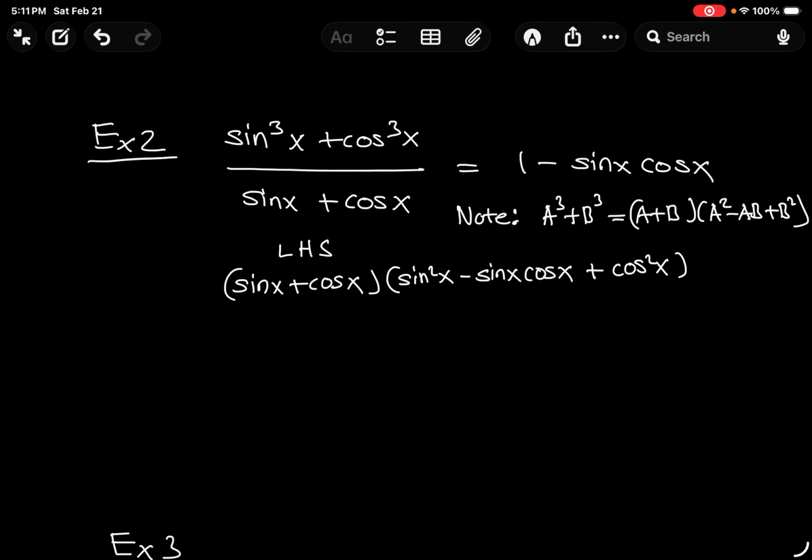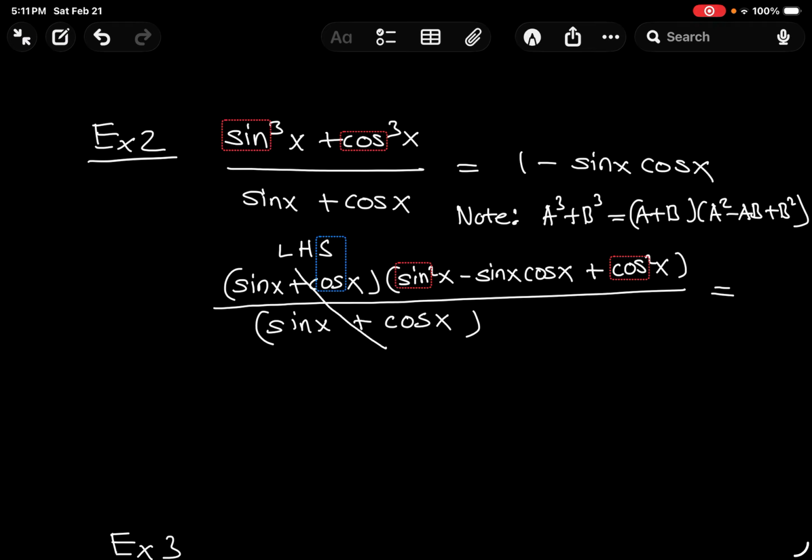So that's the sum of 2 cubes factored using sine cubed x plus cosine cubed x. And then right away after I factor my sum of 2 cubes, I could see that I have a common factor that's going to cancel out.